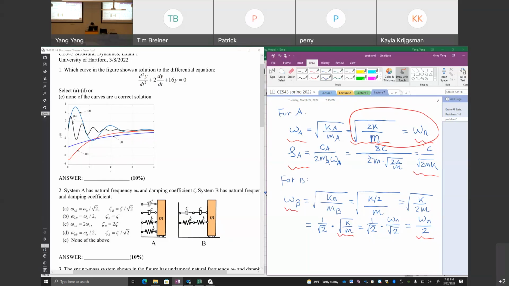In order to answer the second part, we need to find the damping ratio for case B. That should be the same thing here.